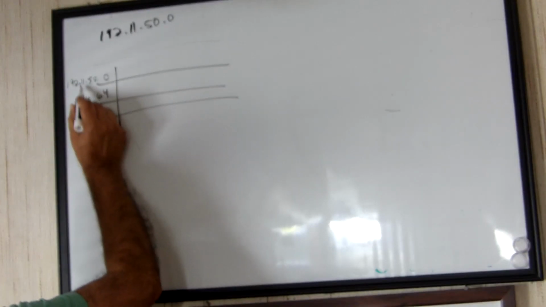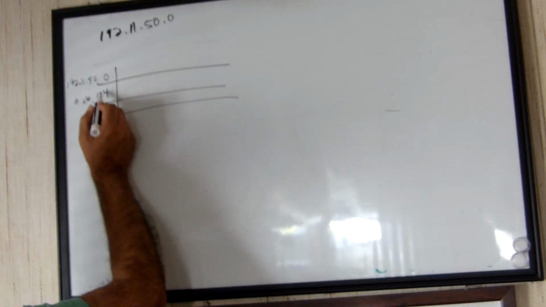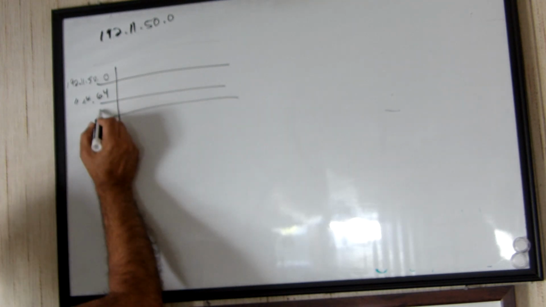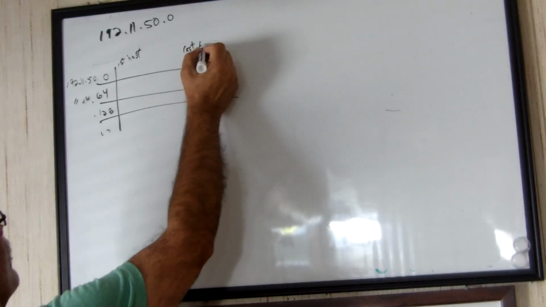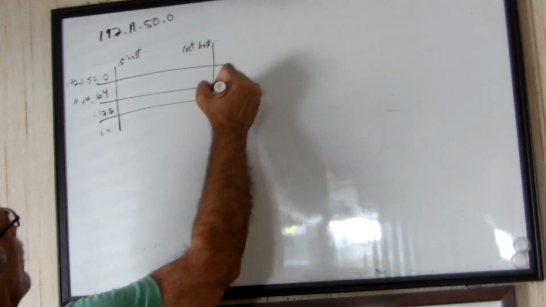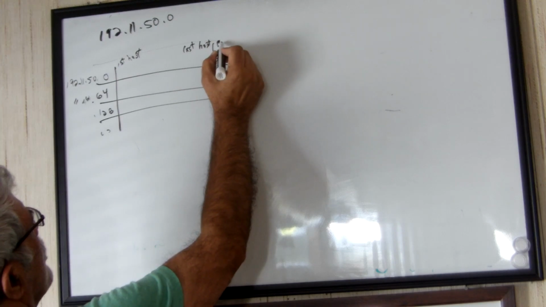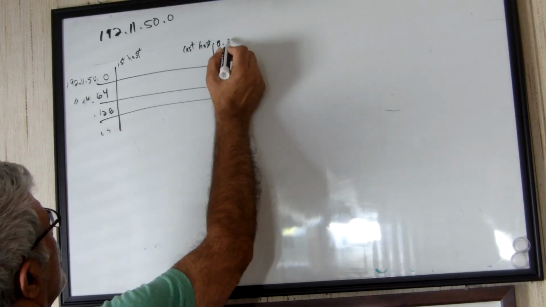These are 192.11.50.64, and then another 64.128, and so on. And then we had the first host and last host and a broadcast address.